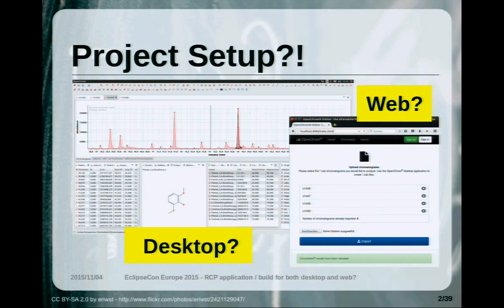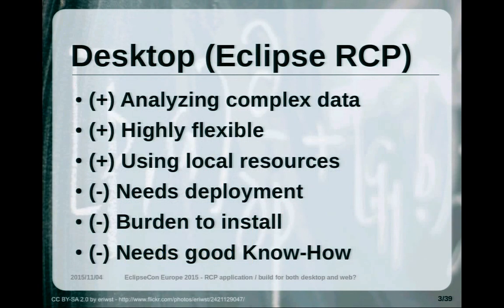There's no other choice. On the next slide, maybe we can go through it very fast, because most of you know the advantages a desktop application has. We can analyze complex data sets. We have good interactivity, especially when it comes to analyzing big data sets.